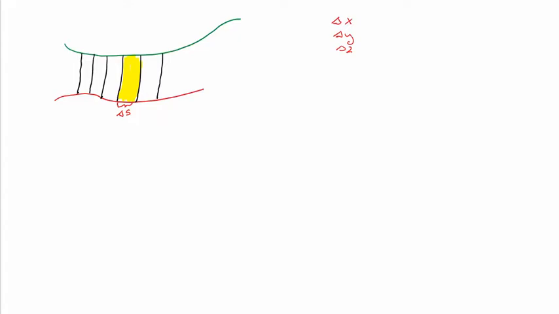Okay, so now what is the height of this rectangle? So what we want to do is pick some random point in here. Now if I pick this random point, that's going to be some point x sub i, y sub i. Now I'm using the same subscript there because my partition is only going to be on this one-dimensional thing. So let's say I'm starting my partition right here, then this is the first interval, and if I picked some point in there, it would be from the first interval, so I would call it x1, y1.